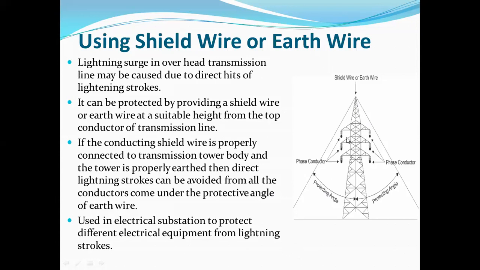Then to one side, 3 conductors are there, and to another side there are 3 conductors, right? So this is called the double pole structure. These are the 3 phases, and these are the 3 phases for the 2 sides.